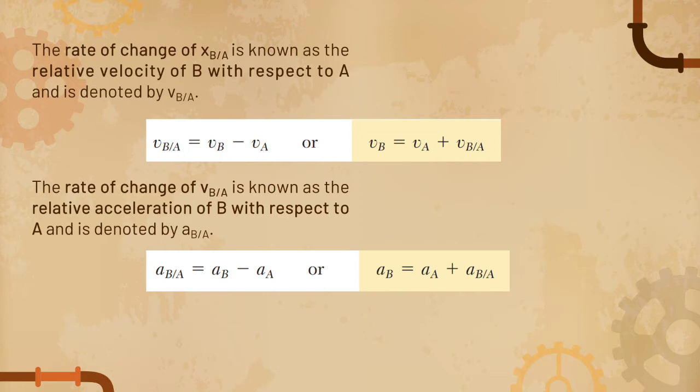A negative sign means that it is observed to move in the negative direction.